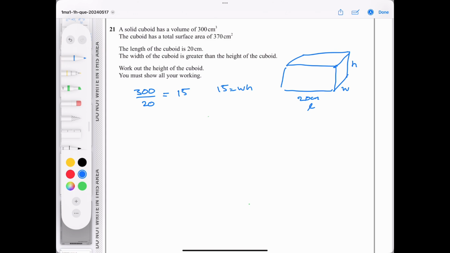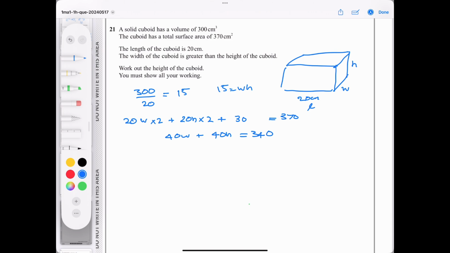So now we know that 370 equals 20 times W times 2, plus 20 times H times 2, plus 2 times WH, which is 30. So that means we now know that 40W plus 40H, taking 30 off both sides, equals 340.